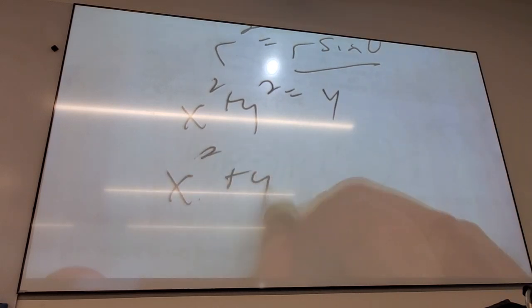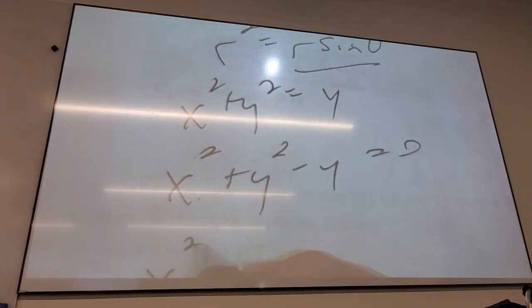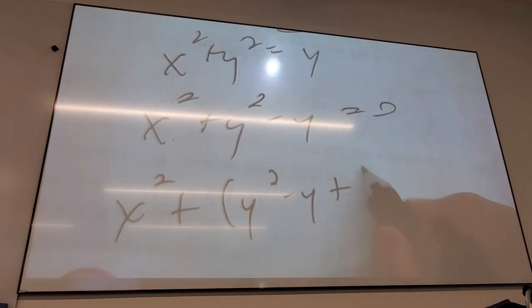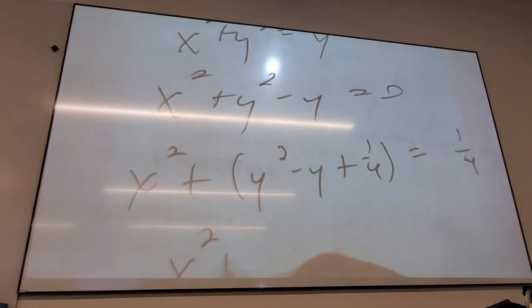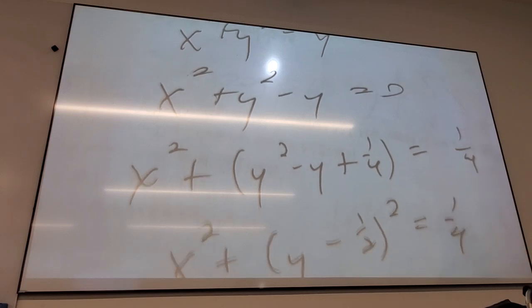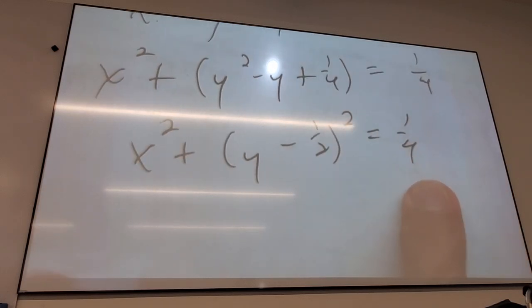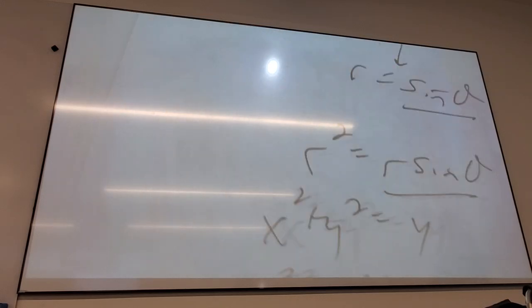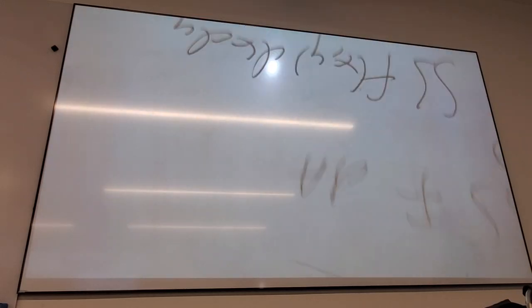I'd have to pull that over and complete the square. Half of negative 1 is negative 1/2, squared is 1/4. So what's the radius of this? One half. Yes? Okay, that's all a side note.